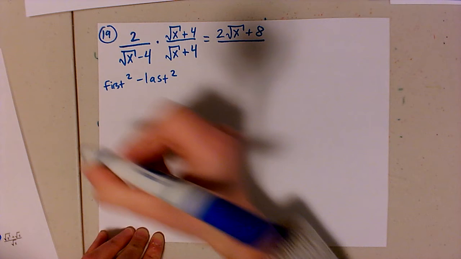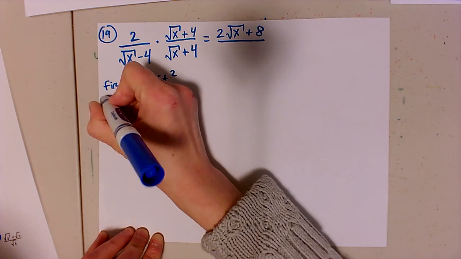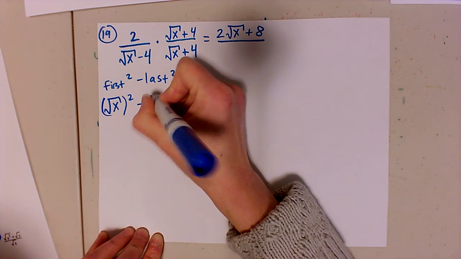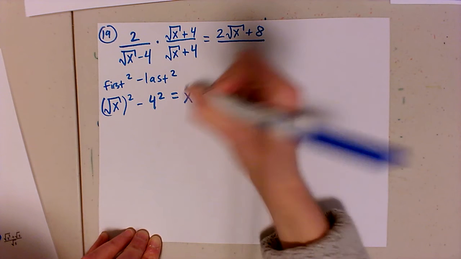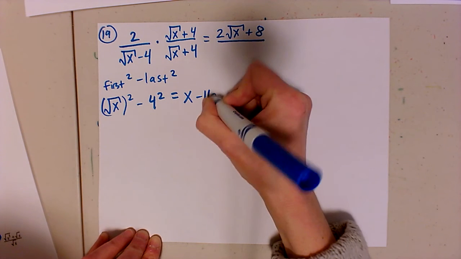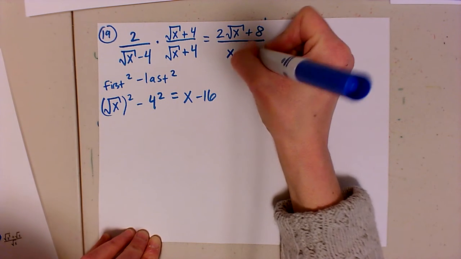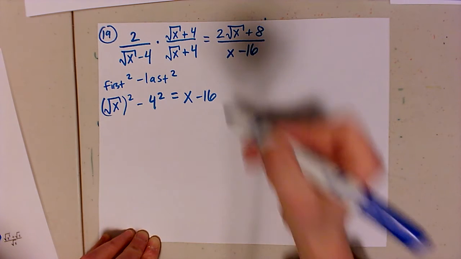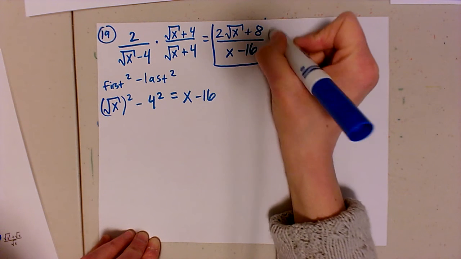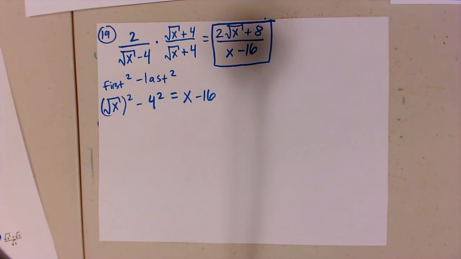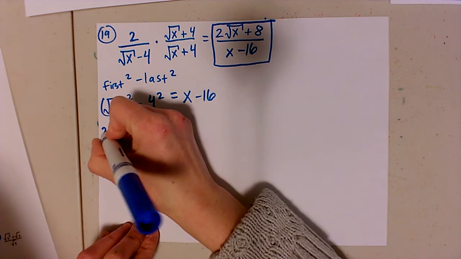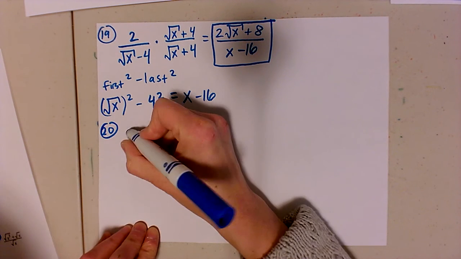So we can do root x, the whole thing squared, minus 4 squared. And so root x squared is just x, and then 4 squared is 16. So this is going to turn into x minus 16. And that's as nice as you can make your answer. And you're all done. Let's take a look at 20, which will have the same process.